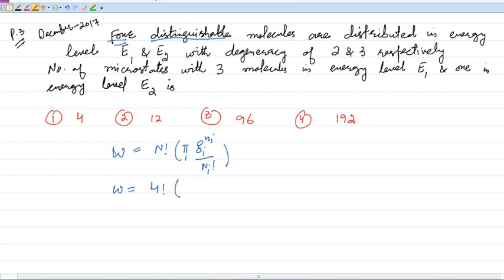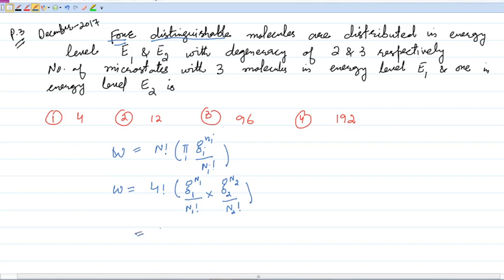And this is in multiplication, so we'll first separate this G1 and G2. It is written as G1, it is degeneracy, to the N1 upon N1 factorial multiplied by G2 to the N2 upon N2 factorial.